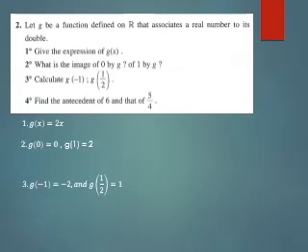What's the antecedent? x. So they want x where y is 6 and where y is 5 over 4. So now we have g of x equals 6, so 2x equals 6, which means x is 3, and 2x equals 5 over 4 means x equals 5 over 8. So when they ask you about the antecedent, it means they want x.